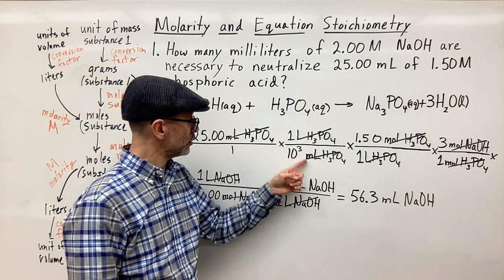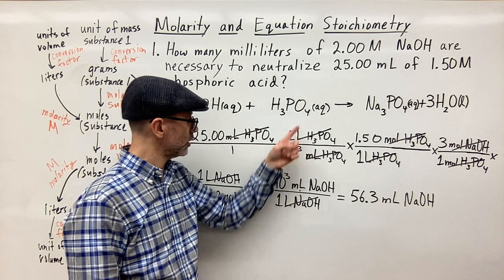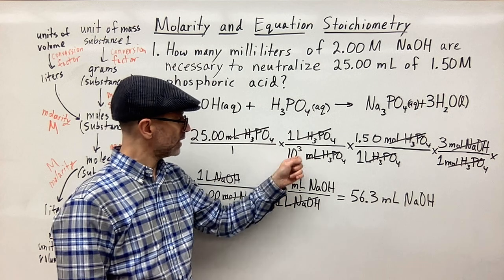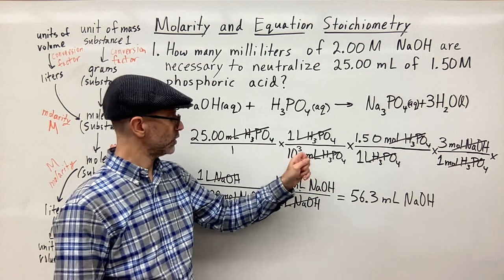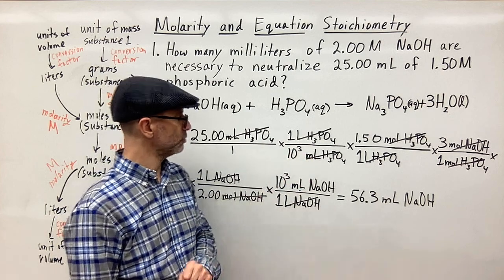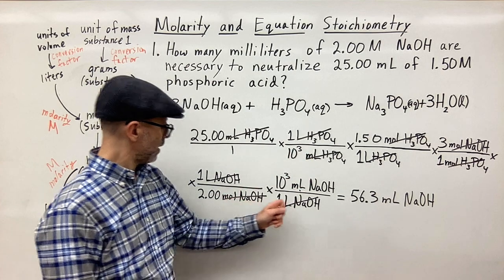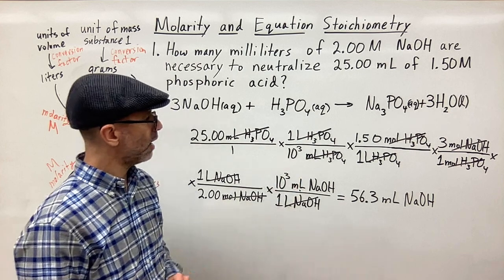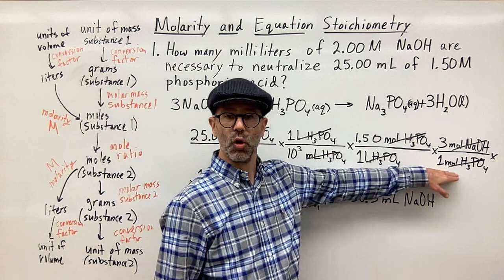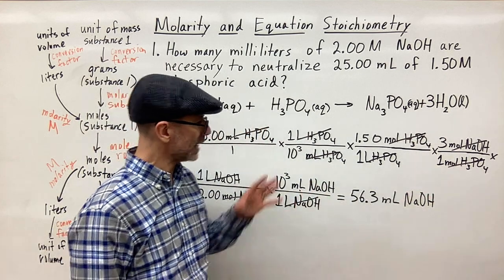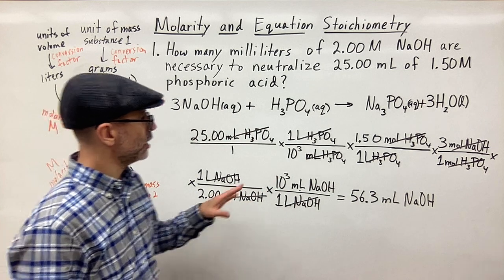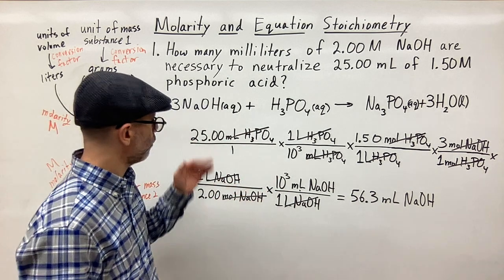So any metric to metric, so liters to milliliters, that's going to be exact. Again, it's got to be in the same category. So this is metric volume to metric volume. Same thing here. So these we ignore. Mole ratios we're going to ignore. 1 to 3 is an exact relationship. So the only thing we need to look at is the molarities and the volumes that we were given.